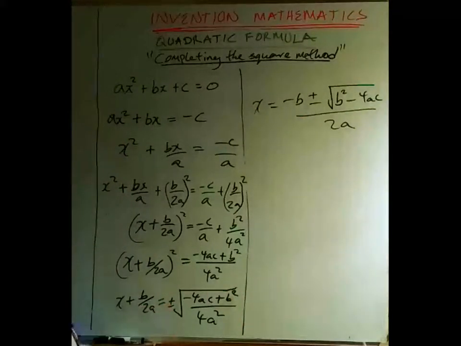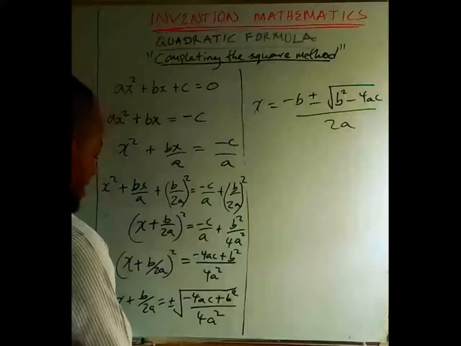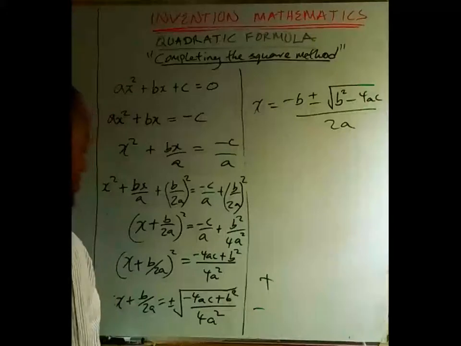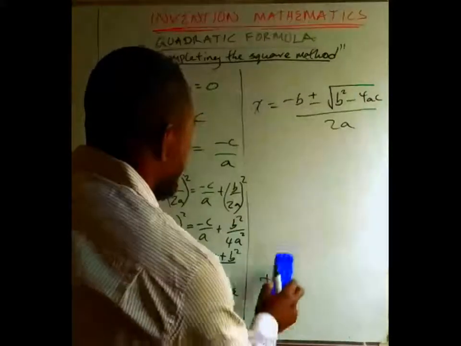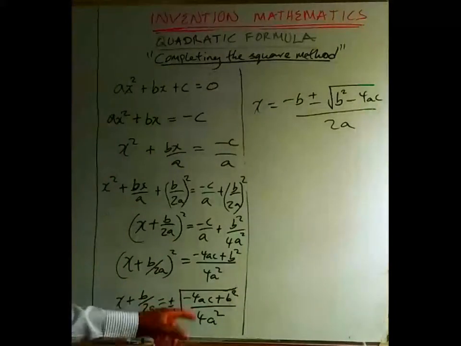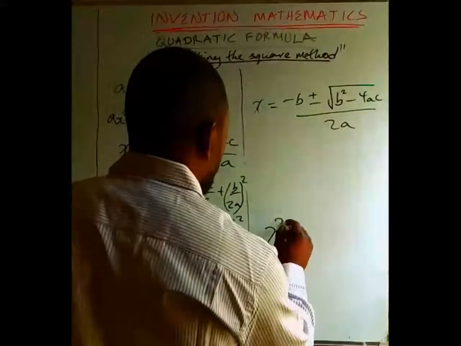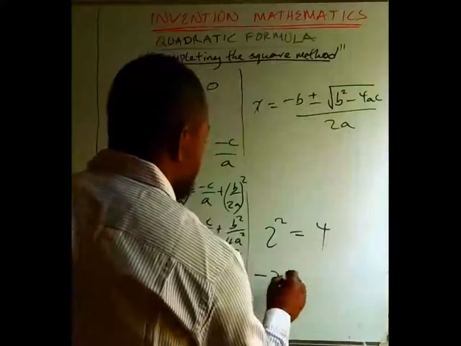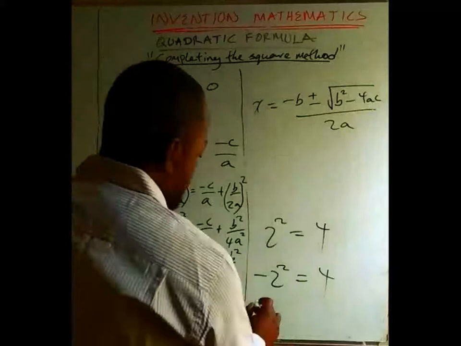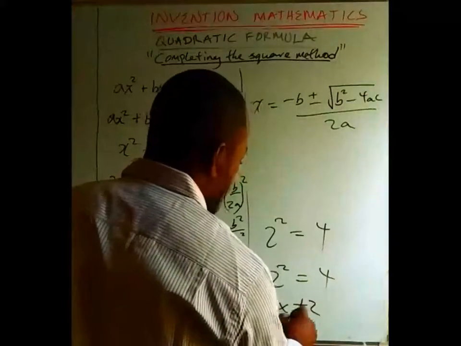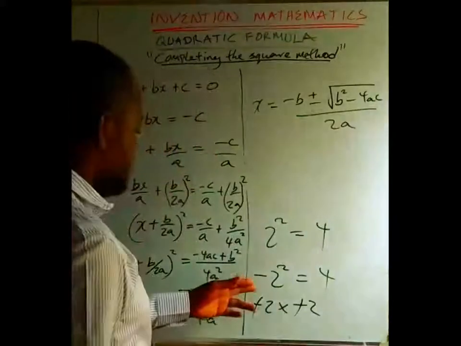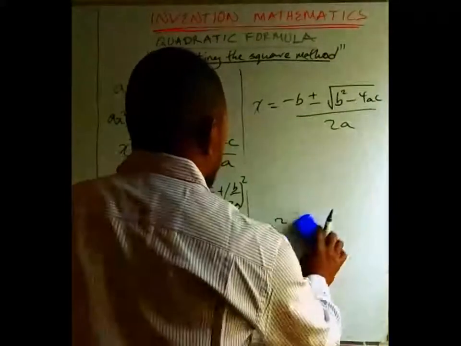It means the root in a positive form will still give us the same thing, and in a negative form will still give us the same thing. Just like saying 2 squared is equal to 4, minus 2 squared is equal to 4. The minus cancels out. That's minus 2 times minus 2. So if the root is 2, either 2 or minus 2 gives us the same answer.